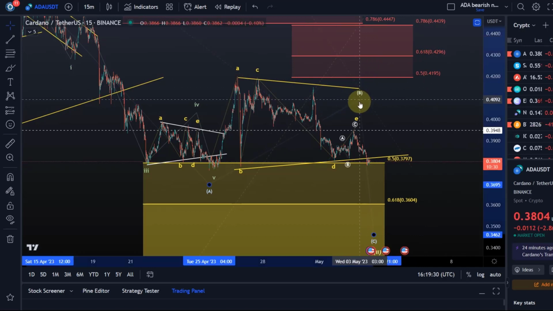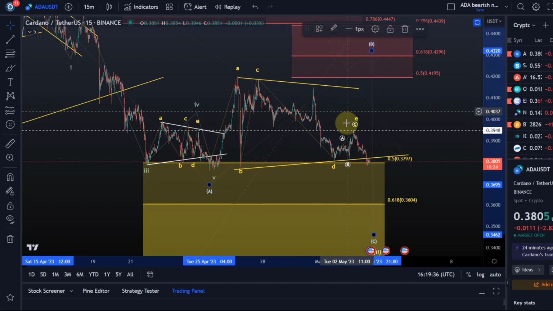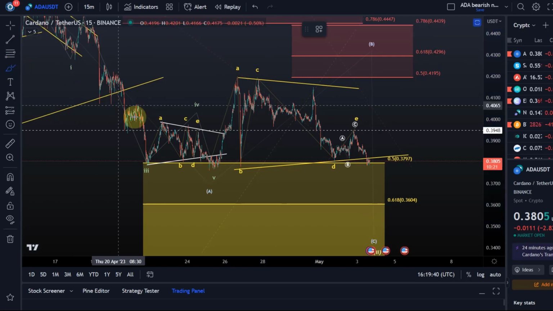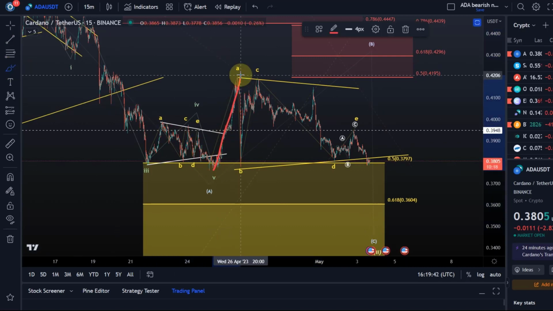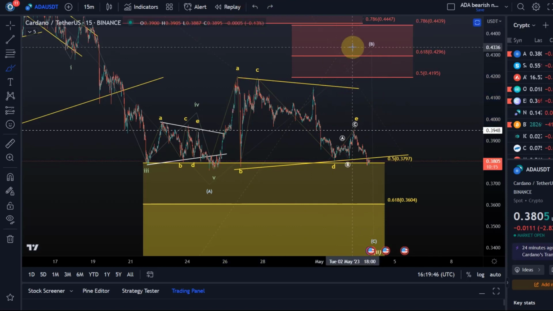At the moment, I would assume the B wave unfolded as a triangle. But if we get an extension to the upside, it would simply be a higher B wave in, for example, a WXY structure or something. So of course a higher B wave is still possible until the triangle is broken, but we're obviously so close to support now, there's a good chance we actually eventually break it.